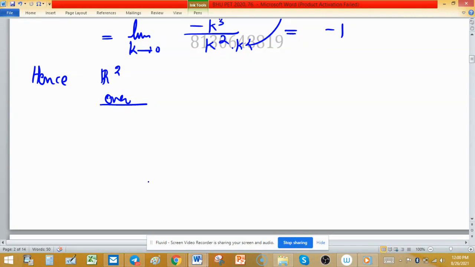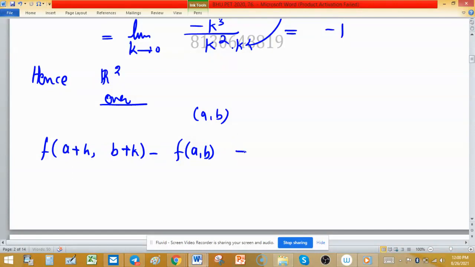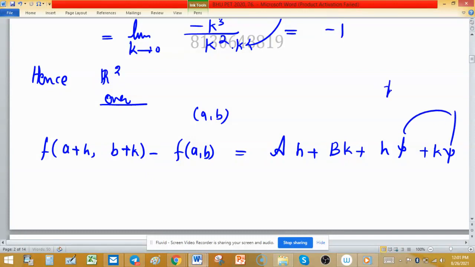But what is the procedure to say a function is differentiable at a point a, b? If the function is differentiable at the point a, b, I can write f of a plus h comma b plus k minus f of a, b, because I am testing the function at a, b, as equal to a h plus b k plus h phi plus k psi, where phi and psi are functions of h, k, and these two functions go to 0, 0 whenever h, k goes to 0, 0.